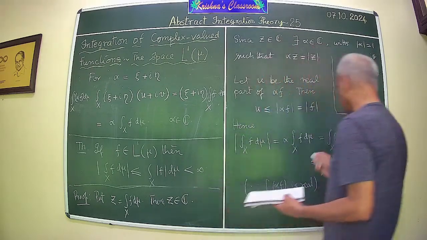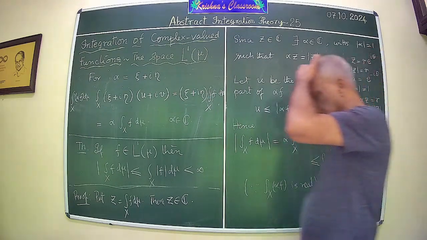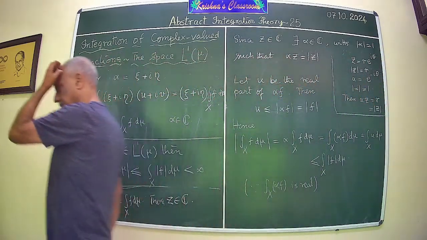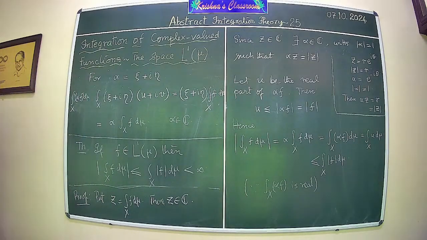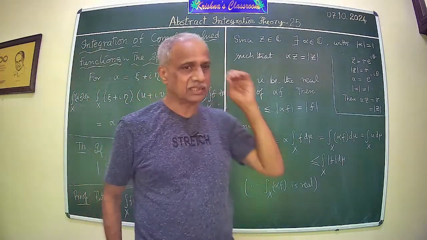That's our goal. Therefore, the result. So this integral exists. Okay. So if f is L1, then the integral over x of f d mu is a complex number.